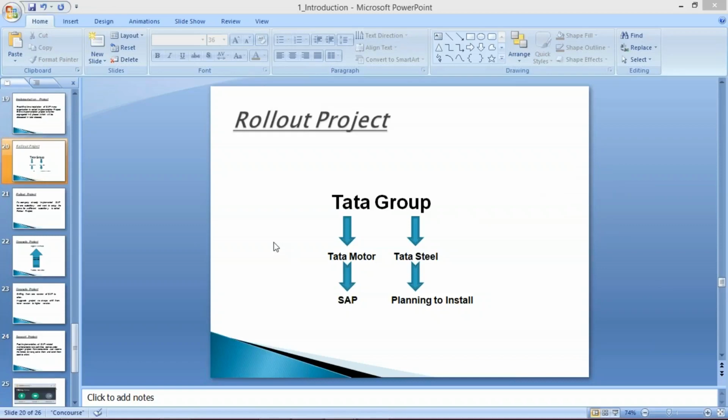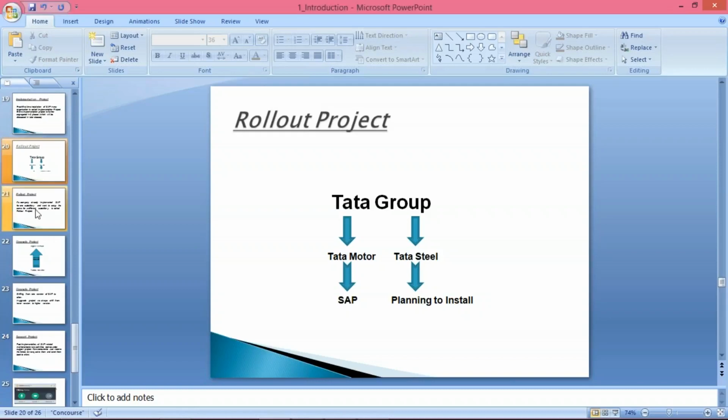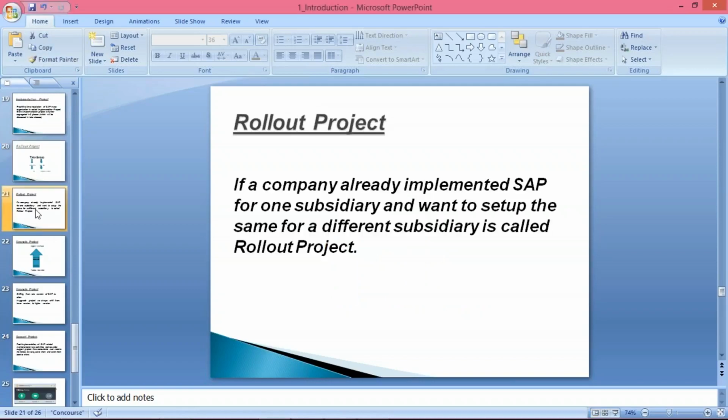Now I'll give you the simplest definition. What is called a rollout project? Rollout project means a company has already implemented SAP for one subsidiary, like the example I gave, Tata Motors, and wants to set up the same for a different subsidiary.